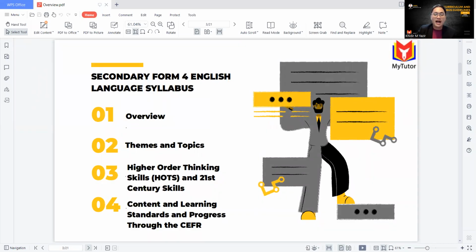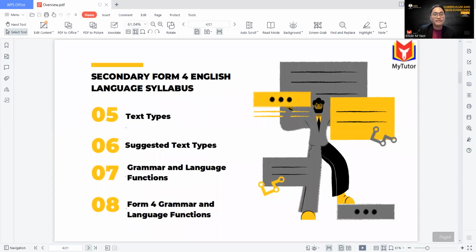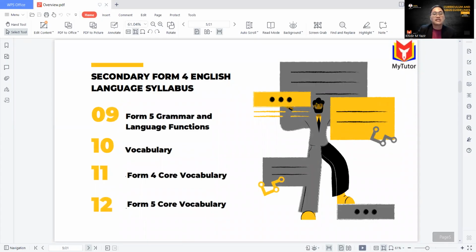Number 3, high order thinking skills and 21st century skills. Content and learning standards and progress through DCEFR, text types, suggested text types, grammar and language functions, Form 4 grammar and language functions, Form 5 grammar and language functions, vocabulary, Form 4 core vocabulary, and Form 5 core vocabulary.